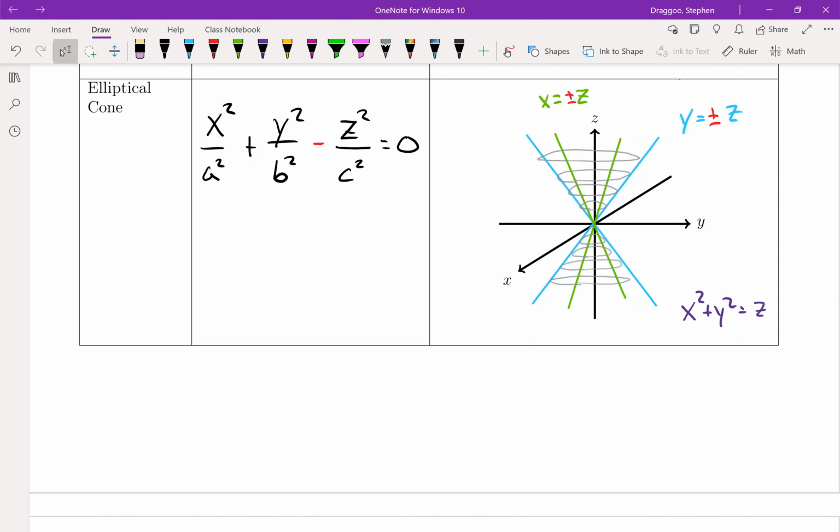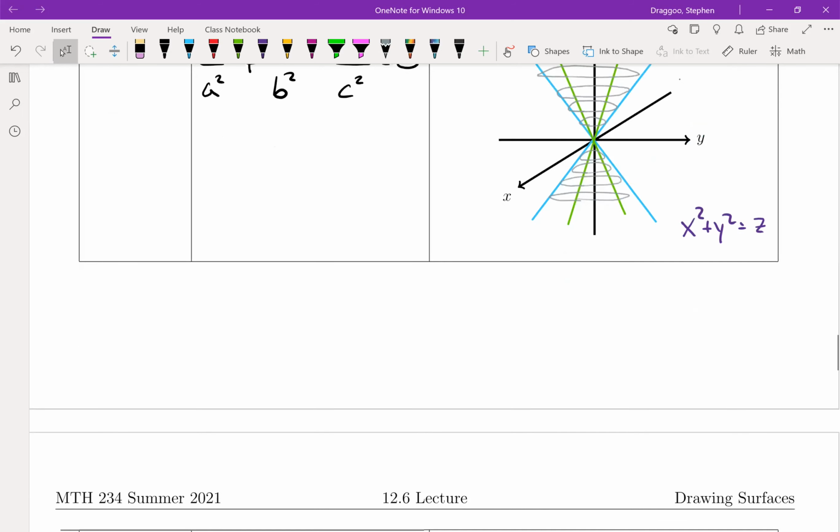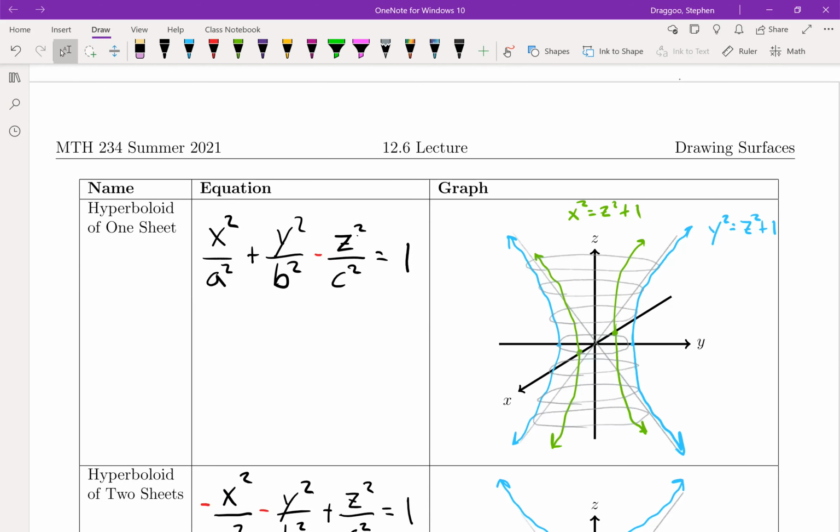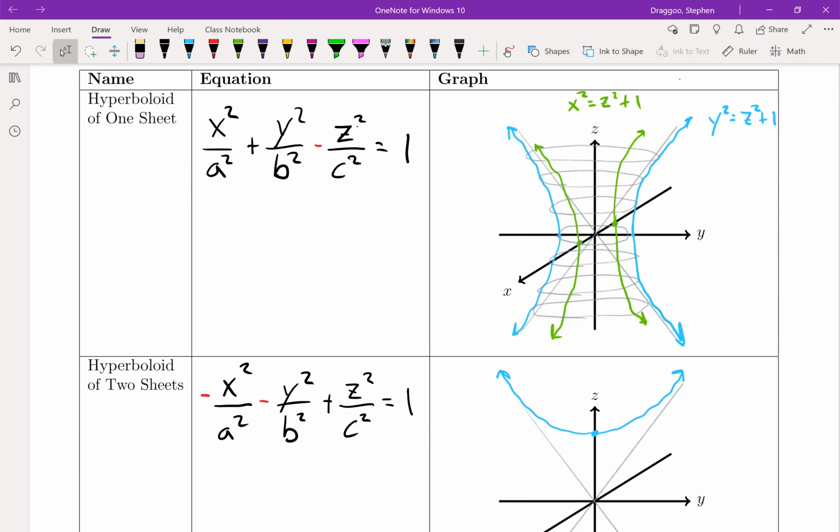So if I have 3 square terms that are not all positive, but the constant term is 0, I'll end up with a conical shape. But if I have 3 square terms that are not all positive, and there is a constant term, I will end up with a hyperbolic shape, one of the 2 types of hyperboloids.